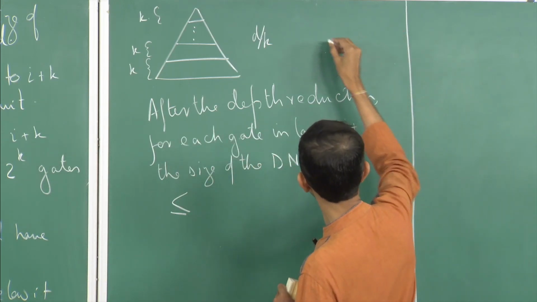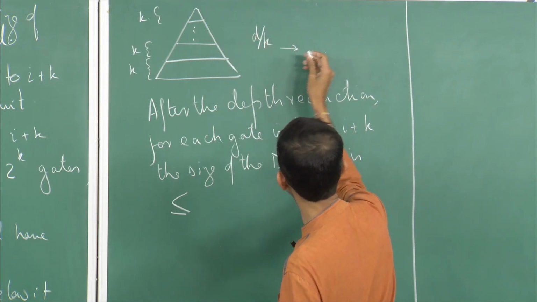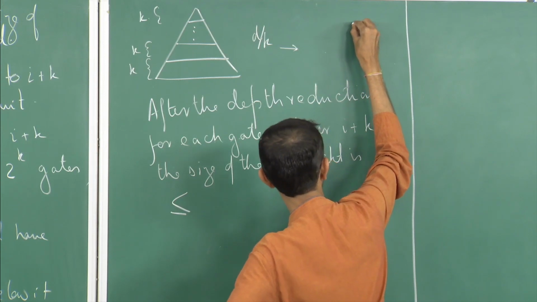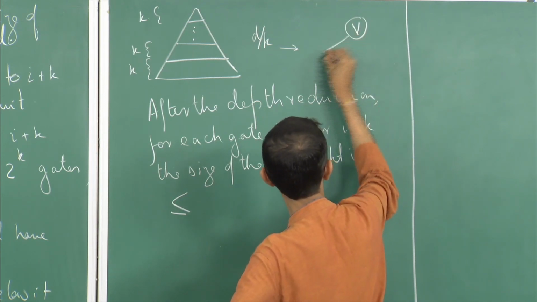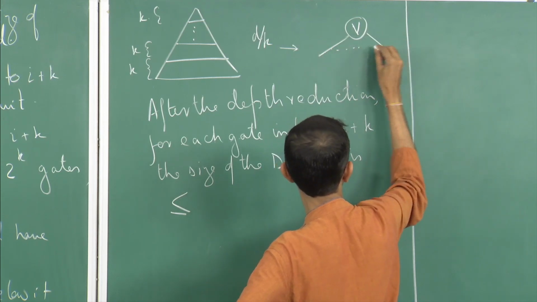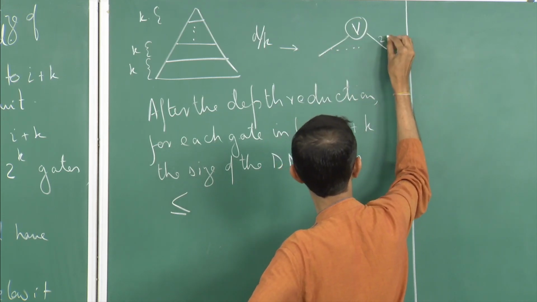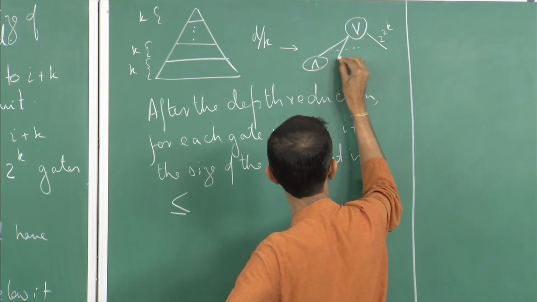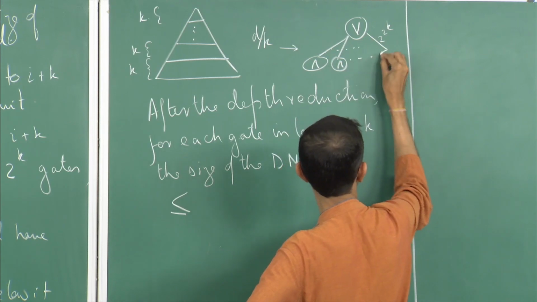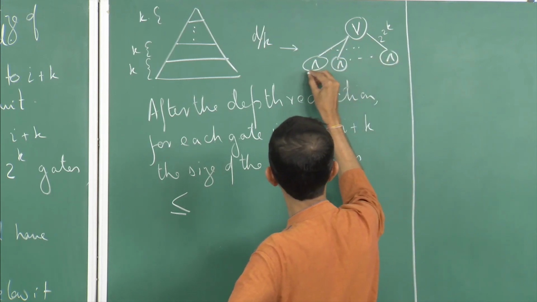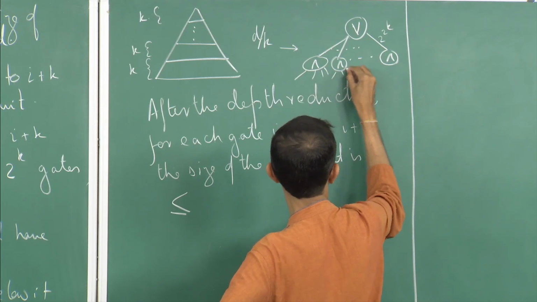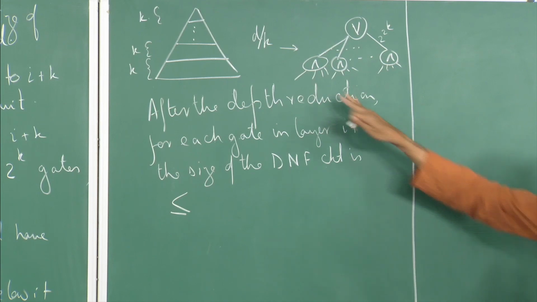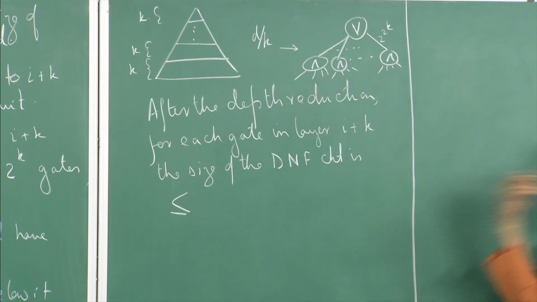So, basically I can take any one block and I am expanding it. I have an OR gate at the top. This OR gate depends on 2 to the power k many AND gates, and each AND gate will depend on k gates from layer i.